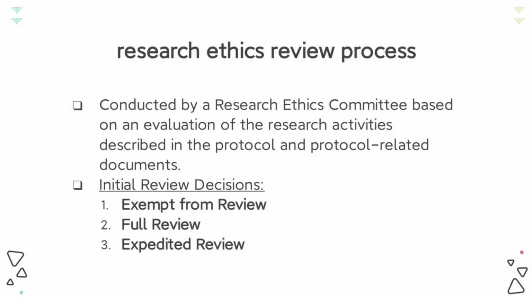They are going to evaluate your research paper on the basis of number 1, exempt from review, number 2, full review, and number 3, expedited review. Those will be their initial review decisions on the research paper.